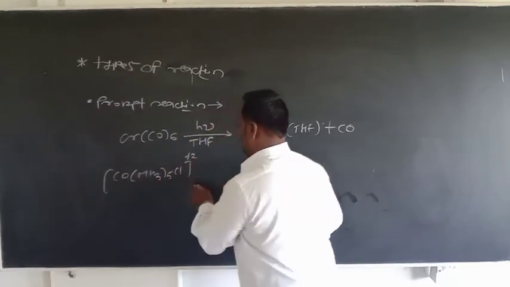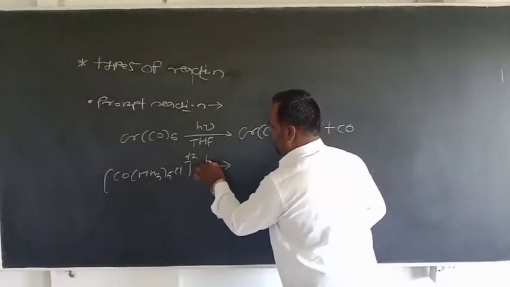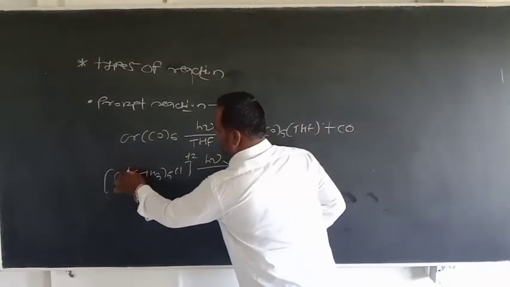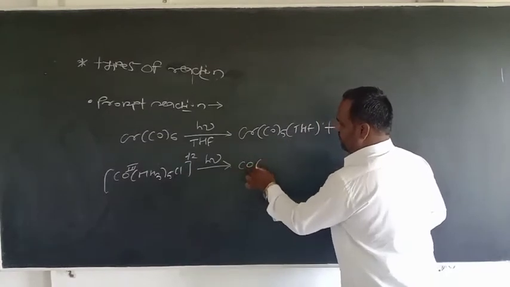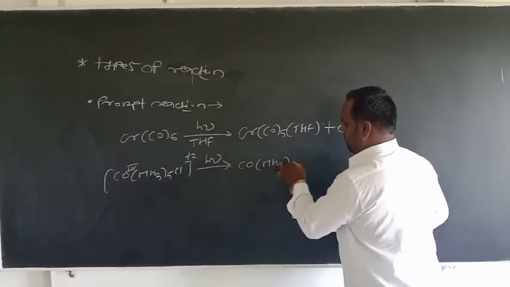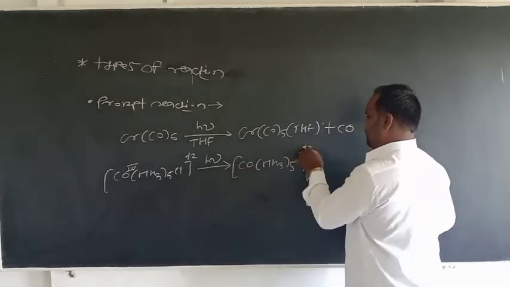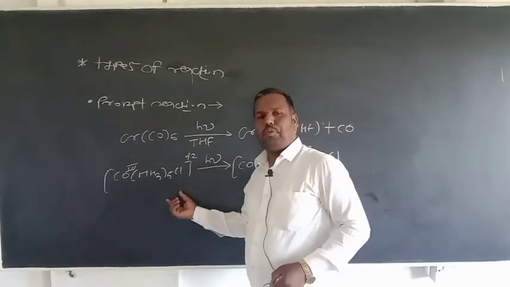Another example is a cobalt complex of ammonia, in which cleavage of the cobalt and chlorine ligand occurs in presence of light. The cobalt is in +3 oxidation state. We get Co(NH3)5 in +2 state plus Cl. So this is also a prompt reaction.